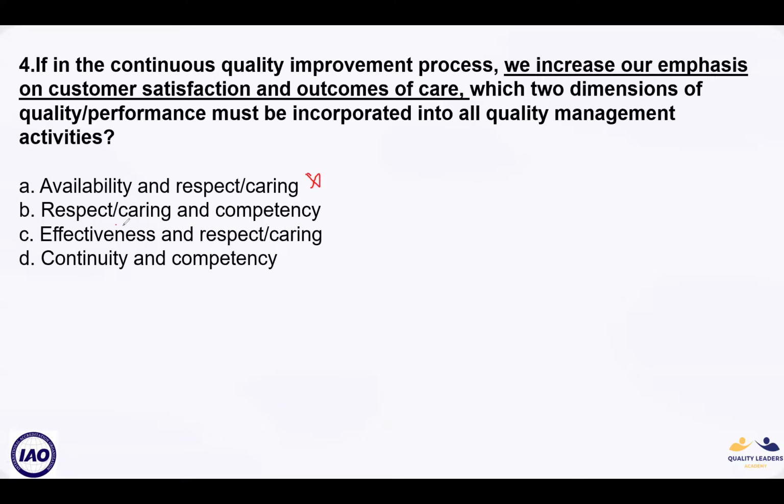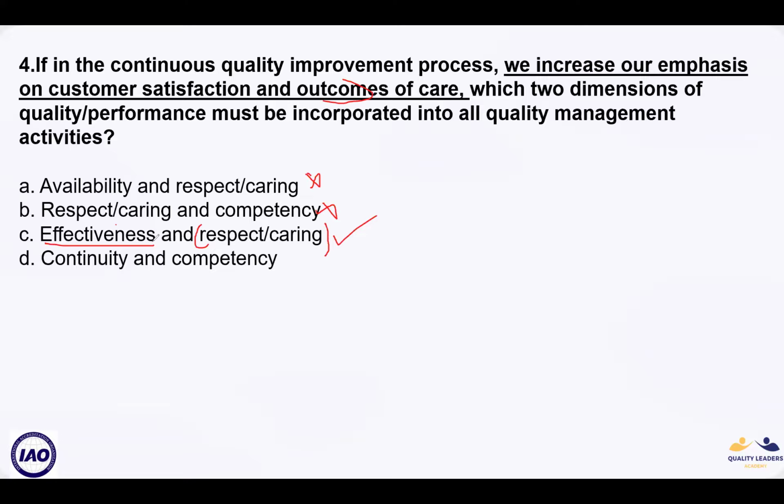Now, coming to option B, respect or caring and competency. Yes, respect and caring does fit in, but competency is not among the quality dimensions. Option C, effectiveness and respect and caring. Yes, this is because customer satisfaction is respect or caring, and the outcome is from effectiveness.